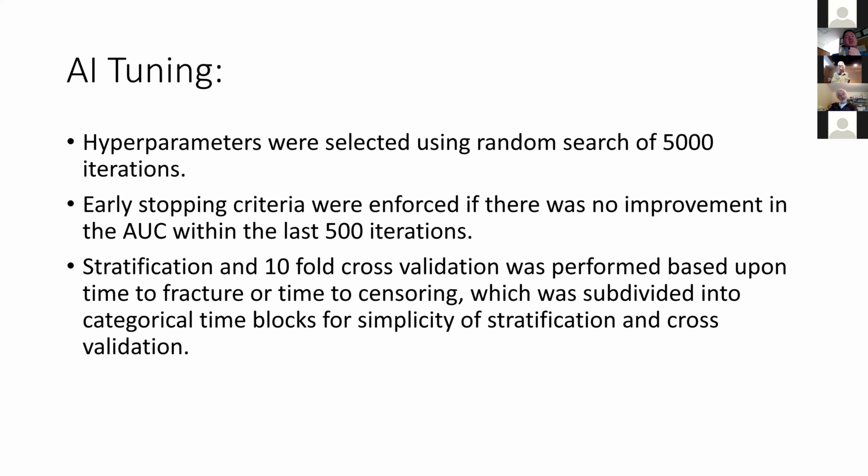So I did a random search using 5,000 iterations. I applied early stopping criteria. So if there is no improvement in the area under the curve for predicting hip or major osteoporotic fracture within 500 iterations, then I stopped the loop and went on to the next extreme gradient boosting algorithm to train off of the next fracture type.